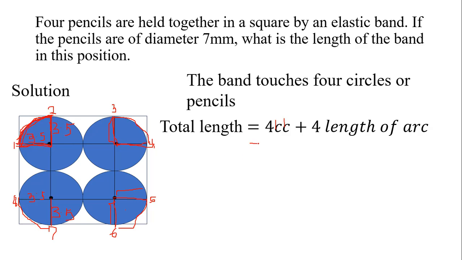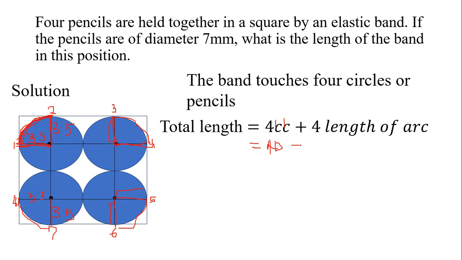And then I can express it also in diameter, because I know that the diameter is 2 radii, and the radius is the diameter divided by 2. So that is the same thing as saying 4D.